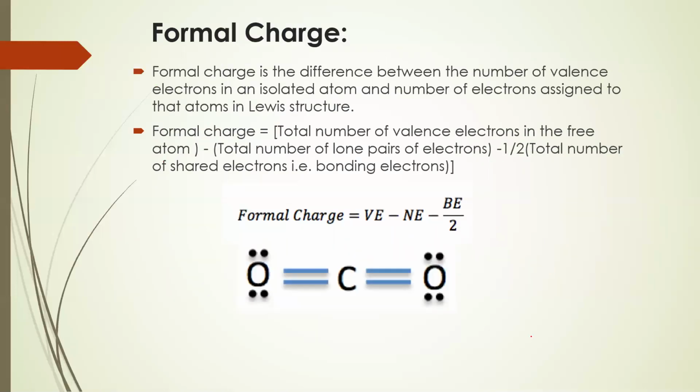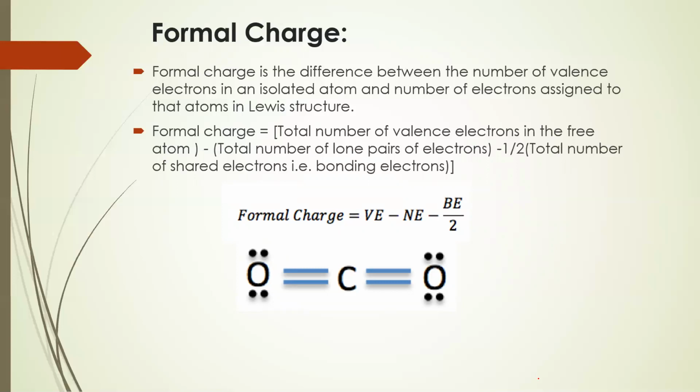Now, the important topic is formal charge. What is formal charge? Formal charge is the difference between the number of valence electrons in an isolated atom and the number of electrons assigned to that atom in the Lewis structure.